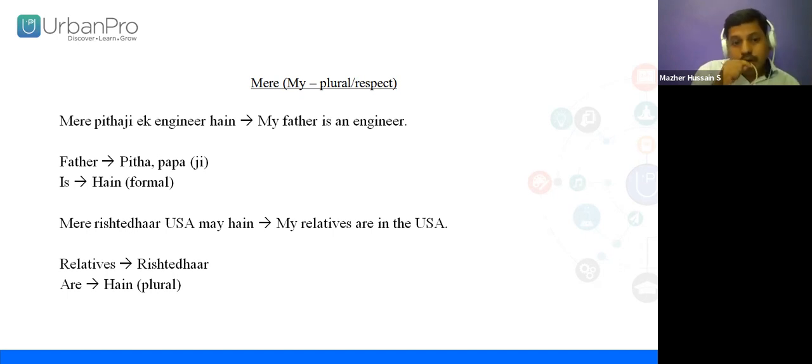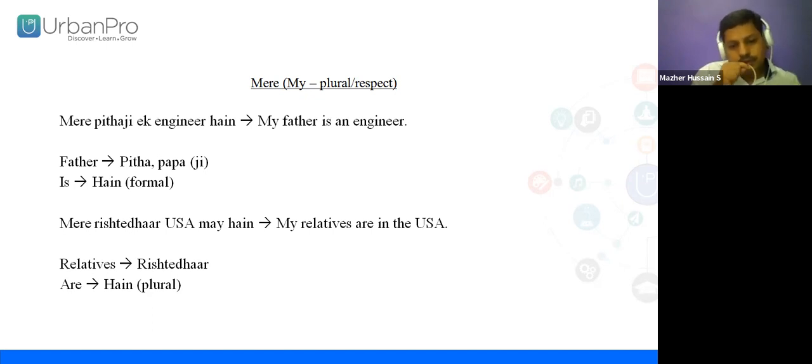Here it is हैं, again the letter N is a half sound. It is not हैइन, you should never say that. As we are talking about the father, we say मेरे पिताजी एक engineer हैं.